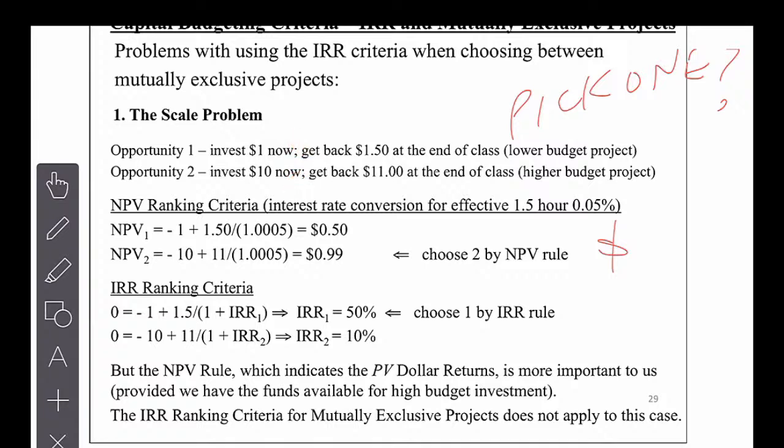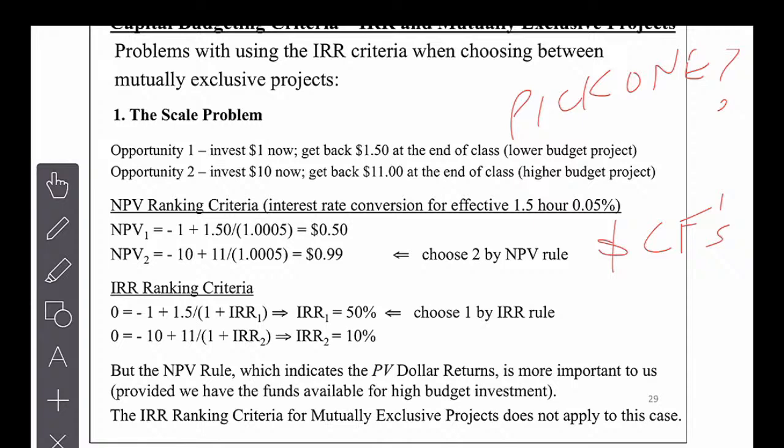Relatively speaking, sure, this looks better, but in absolute dollar terms, in cash flow, you're getting more in opportunity 2. So this is what we care about.